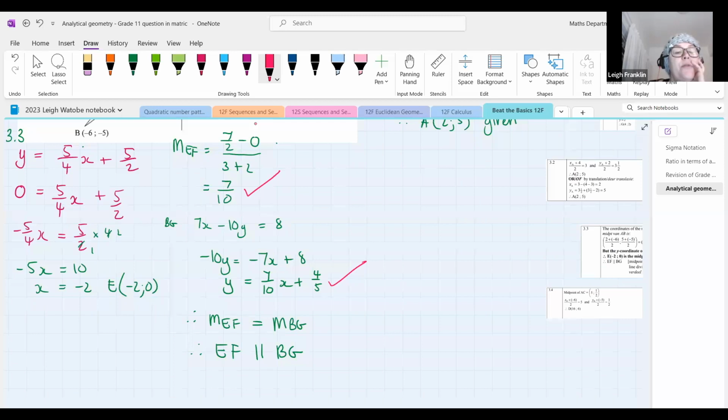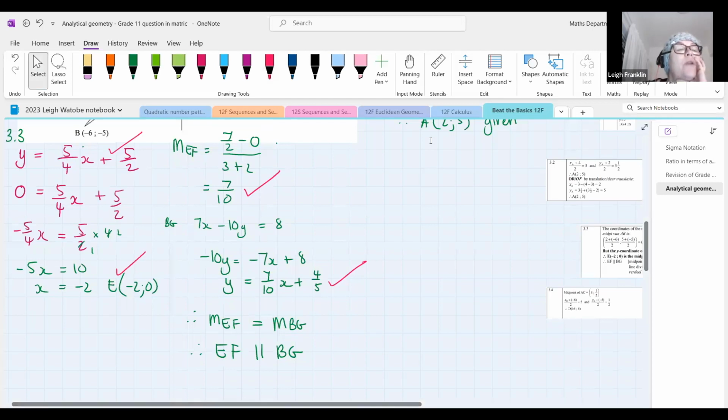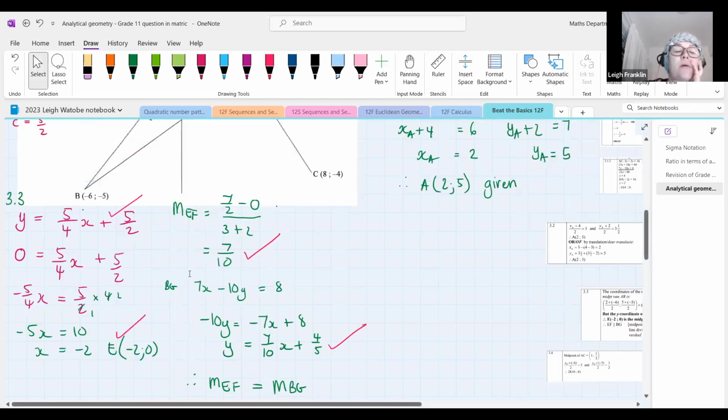I also think there would be a mark for calculating the coordinates at E, and for the equation of line AB.